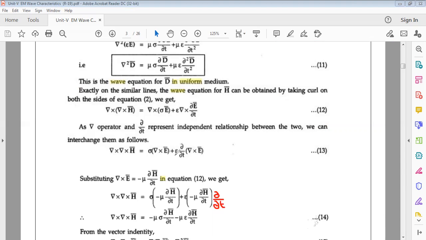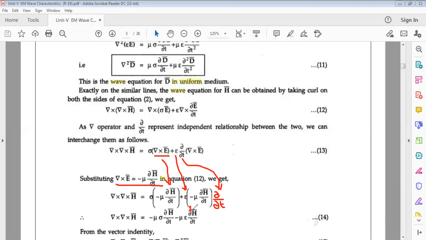So in this 13th equation, you can replace del cross E bar is equal to minus mu dou H bar by dou t. So del cross H bar is equal to sigma into minus mu dou H bar by dou t of del cross H bar, and the epsilon is here, and dou by dou t is not there. So del cross H bar is equal to minus mu dou H bar by dou t.